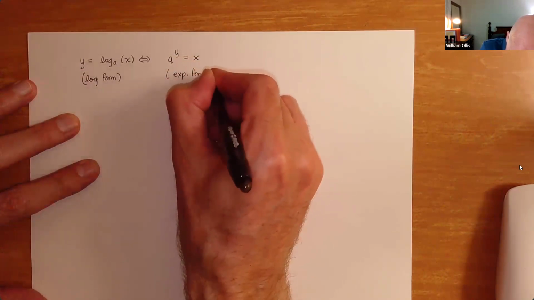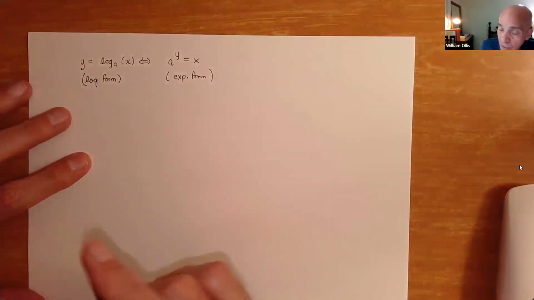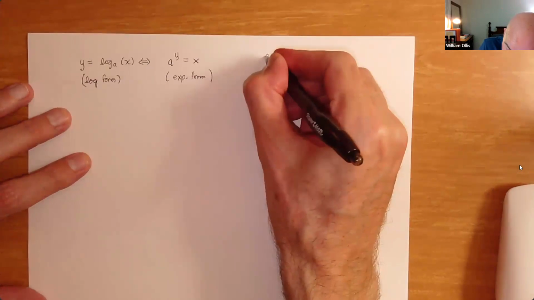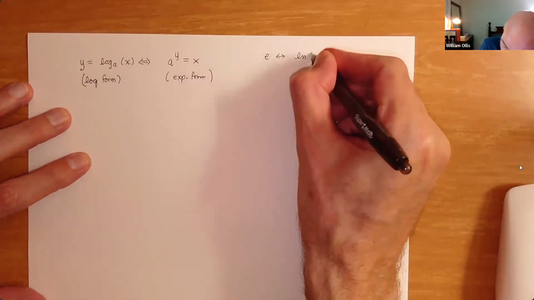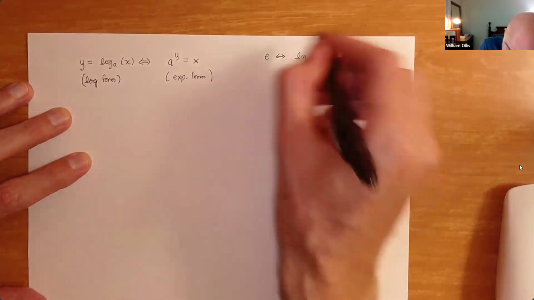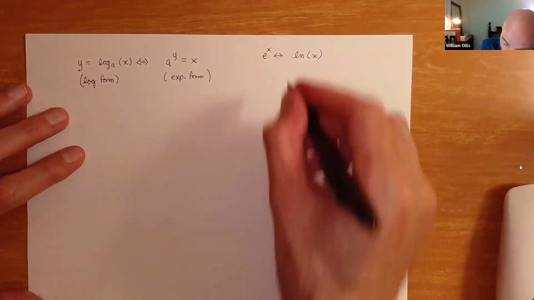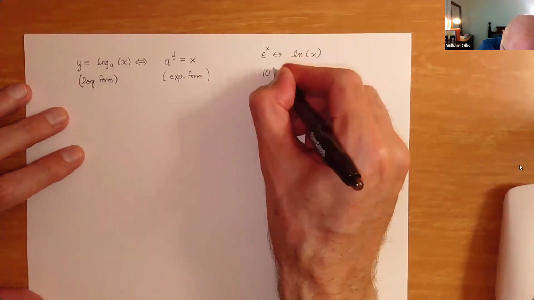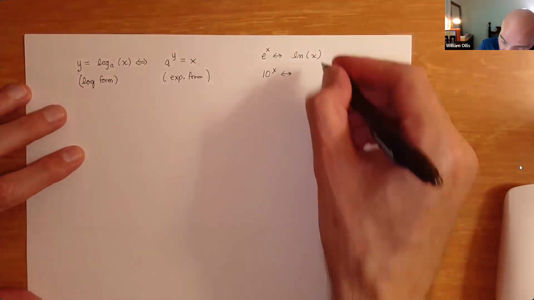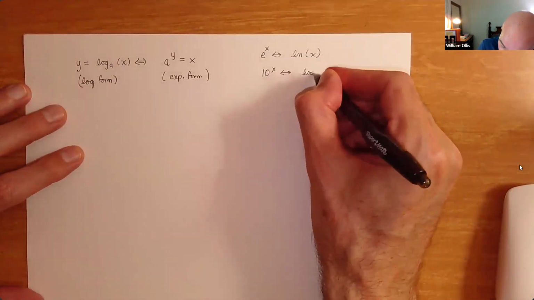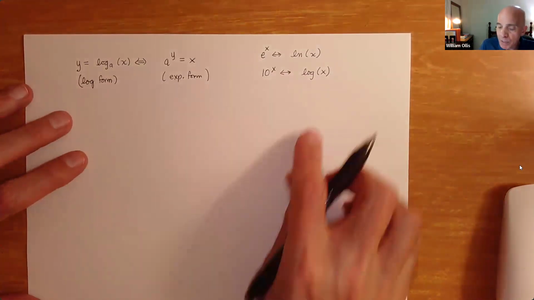Now, as I said before, there is special notation for the base e logarithm of x: the natural logarithm, instead of writing base e log. Of course, when we have 10 to the x, you might be thinking we do the base 10 logarithm. We also give a special symbol for that. We just call it log, so we don't put the 10 there.